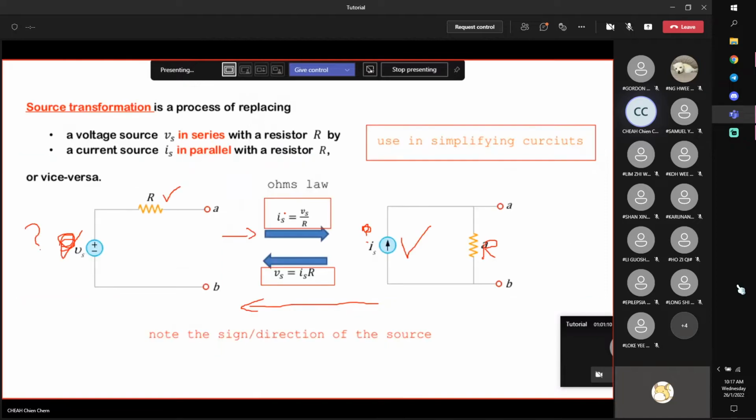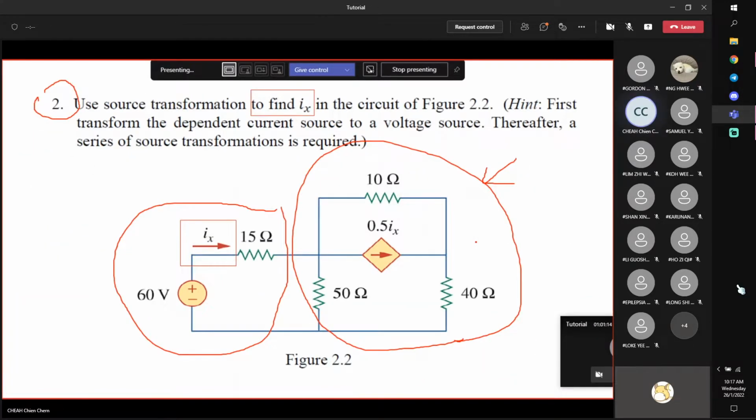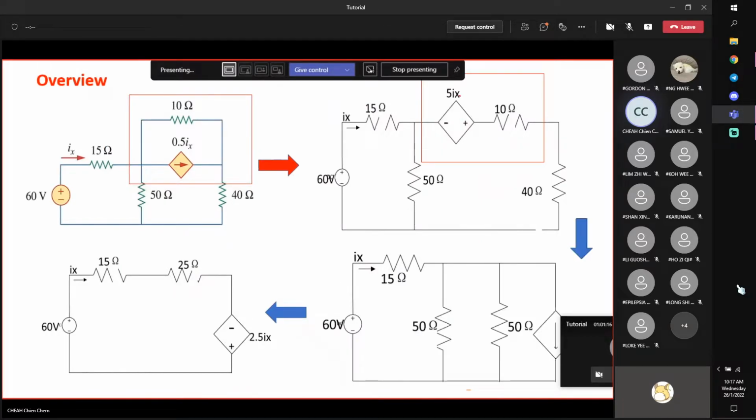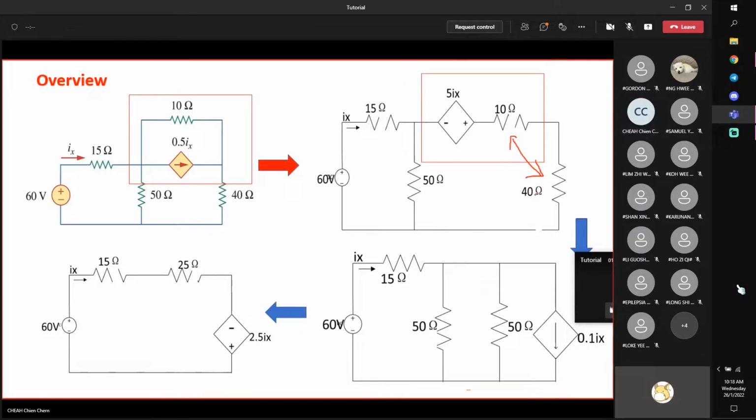So source transformations: a current source in parallel with a resistor. Therefore, I can transform it into a voltage source in series with a resistor. After that, I can simplify these two resistors by adding them up. Here you can't simplify anything, now you can. And then it becomes a resistor of 50 ohms.